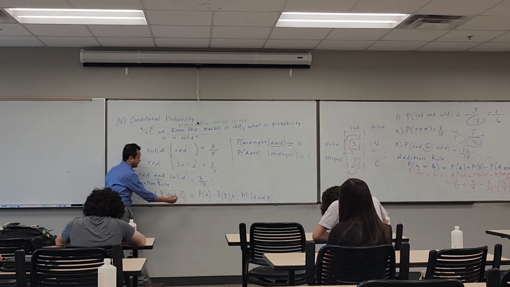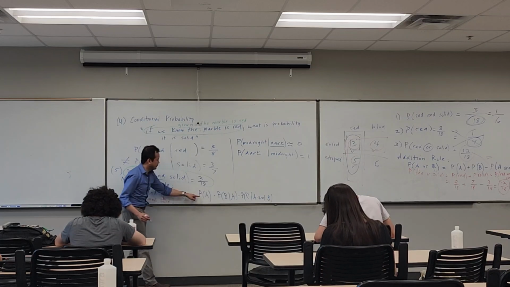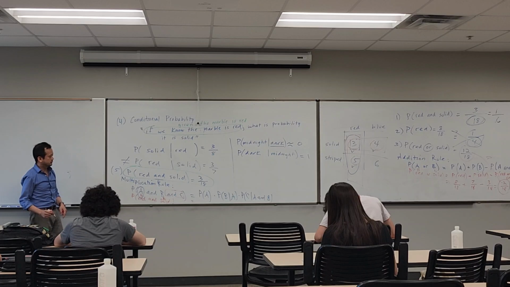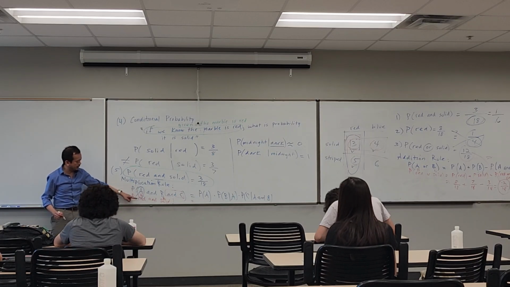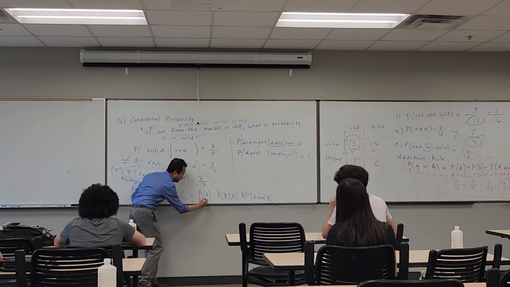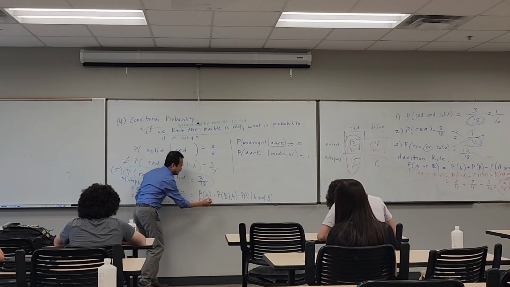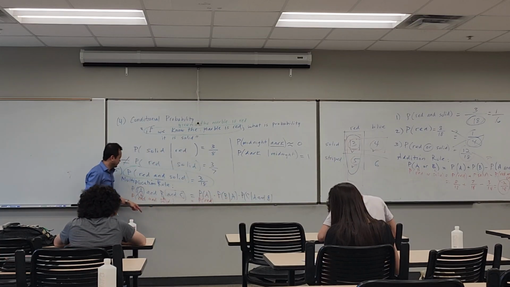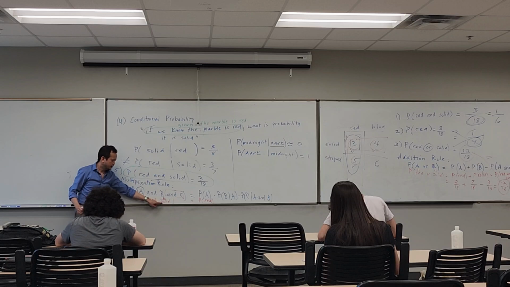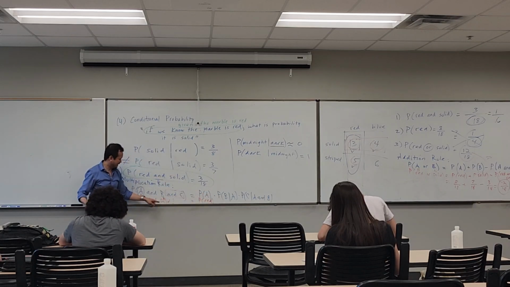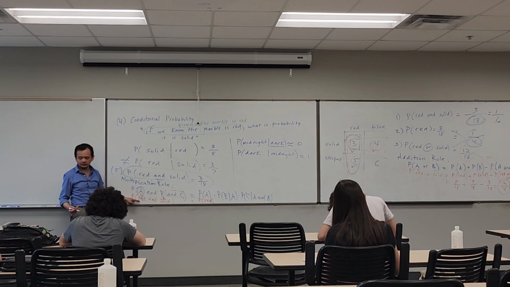So let's go ahead and expand this out. So what's the probability of event A for our example in words? Yeah, probability of A is the probability of a marble being red, so that'll be here. And then times the probability of B given A, so that'll be solid given red.